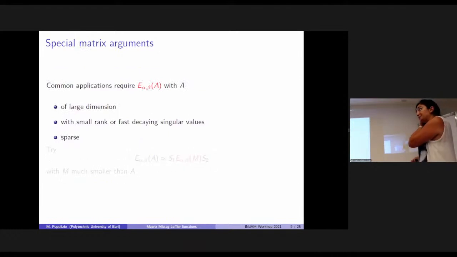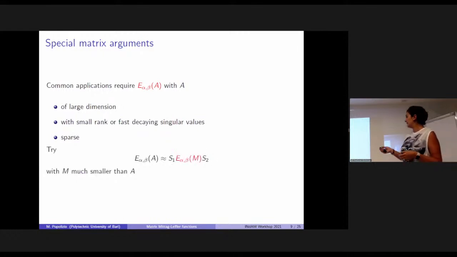And this also justifies the interest we have in special matrix arguments. For example, in network theory, the argument matrix A usually has a large dimension. In common applications, it has a small rank or fast decaying singular values, and it is sparse. So I'm going to address now the problem of matrix function computation under this hypothesis on the matrix argument.